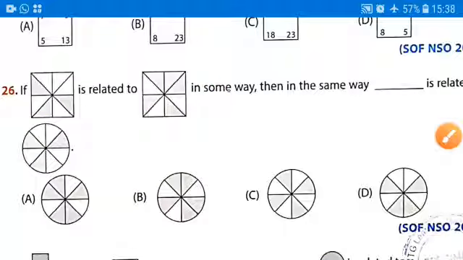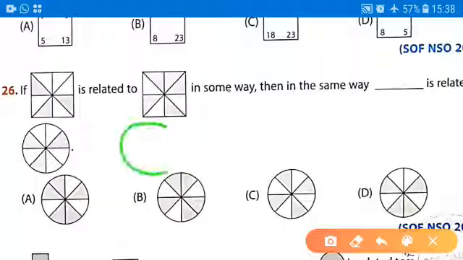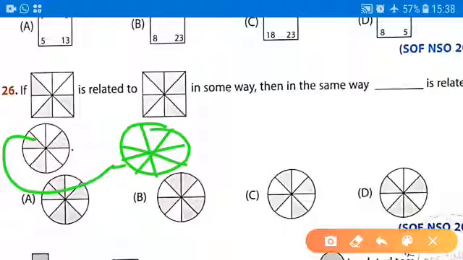Let us check. Circle. So this will move here. This will be shaded now, and this will move here. This will be shaded now. In the same way this part will move here, and this will be the shaded portion.